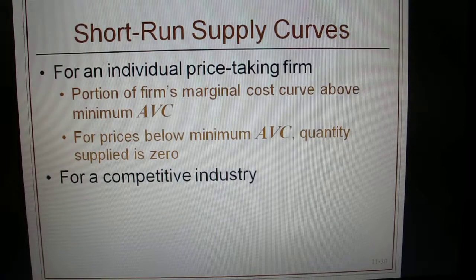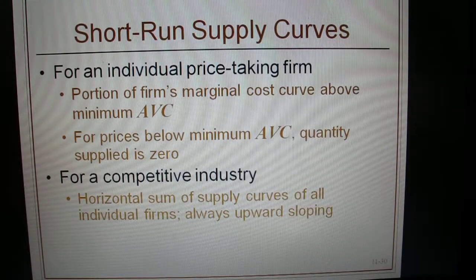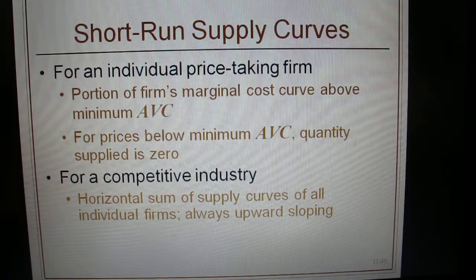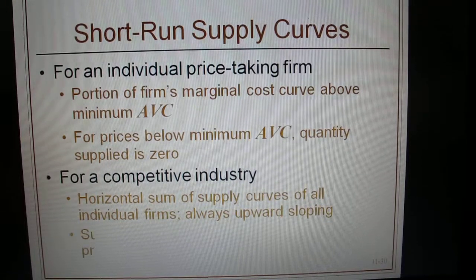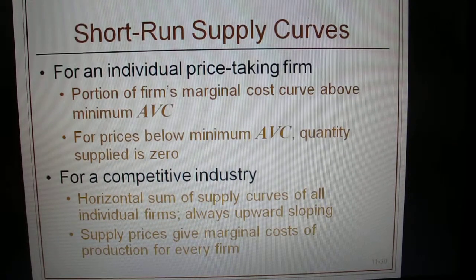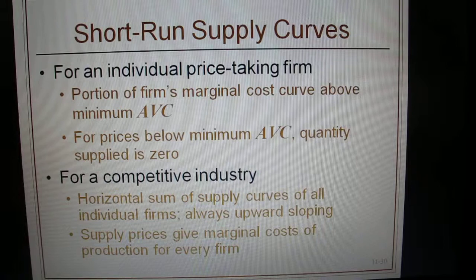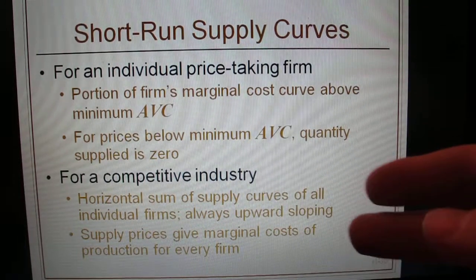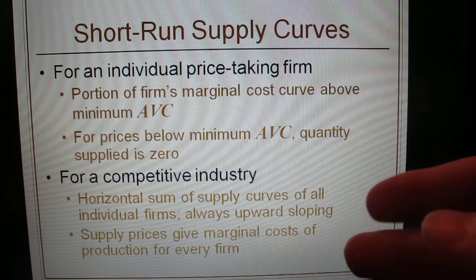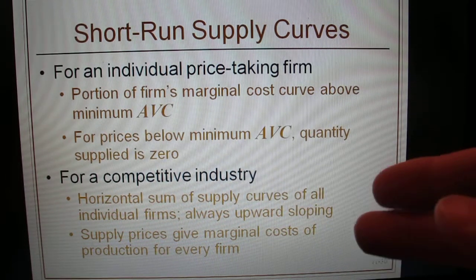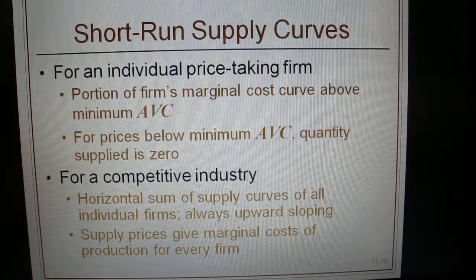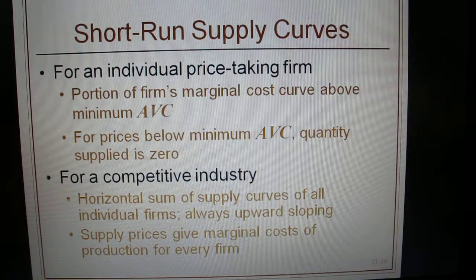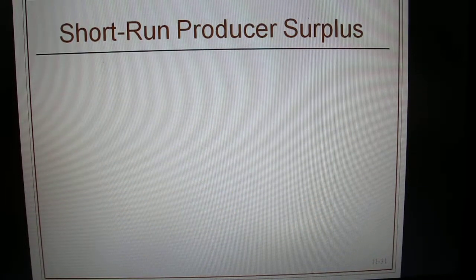So for a competitive industry, the horizontal sum of the supply curves of all individual firms always will be upward sloping, and supply prices give the marginal cost of production for every firm. So there's a reason why we're talking so much about marginal cost when we're talking about supply. Because in a sense, the short run supply curve is going to be made up of the marginal cost curve.